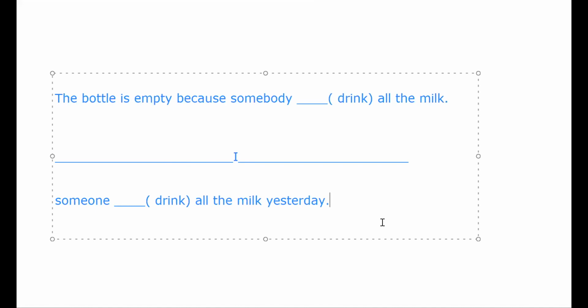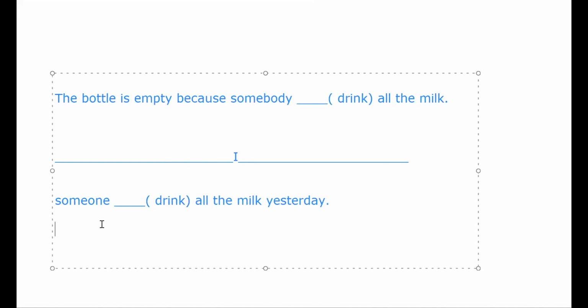So in other words, guys, please pay attention. If I talk about a past action without present result, I am not talking about any present result here. That's the reason V2.